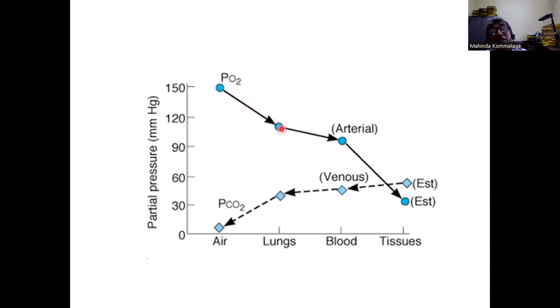And so this is the partial pressure of oxygen outside. Partial pressure is reduced when it comes to the lungs, further reduced when it comes to the artery, I mean oxygen, and further reduced when it comes to the tissue. Tissue, blood, lungs. Partial pressure of carbon dioxide is high in the tissue, slightly reduced when it comes to the lungs, and reduced in the air.